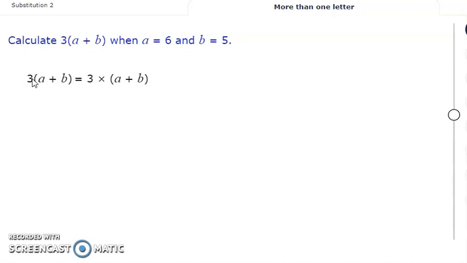In algebra, when there is no sign in between, it indicates multiplication. Just remember these things. So 3 times (a plus b). And then a plus b, you plug in the values and you get 11, times 3, and 11 times 3 is 33. I hope these are clear to you.